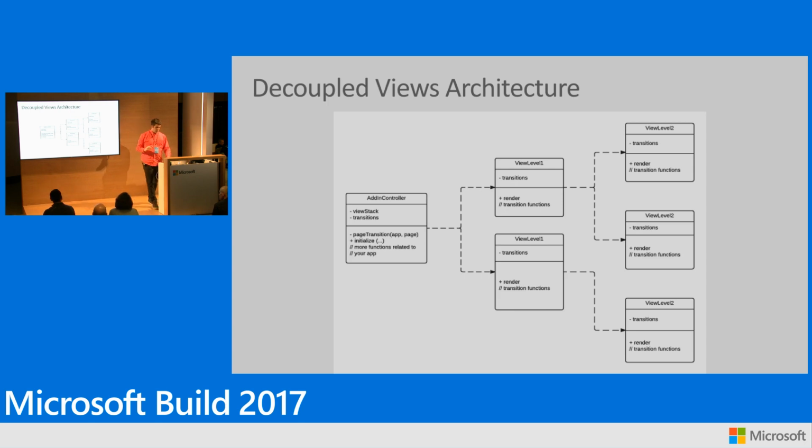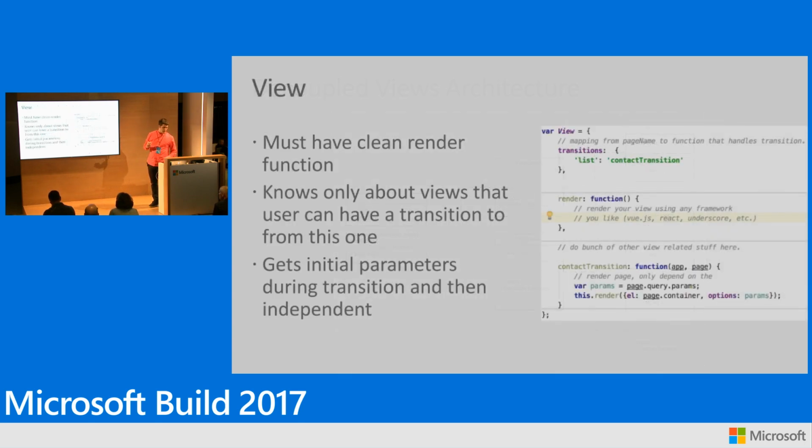So I'll go and talk a little bit about how we actually implemented it. We use the Backbone framework internally, so the examples will be similar to that, but I tried to make the code really simple, and I'll point to the most important parts that helped us build the architecture that I showed. The view is super simple.